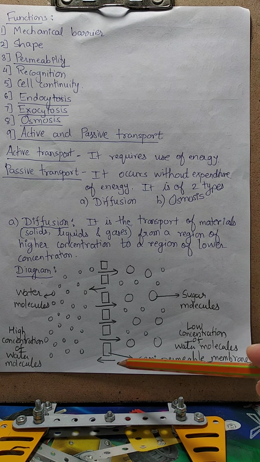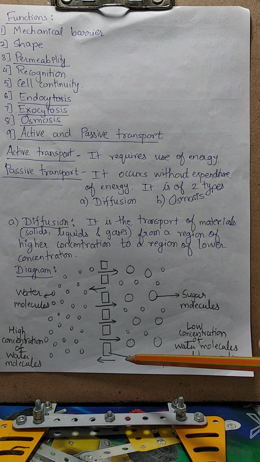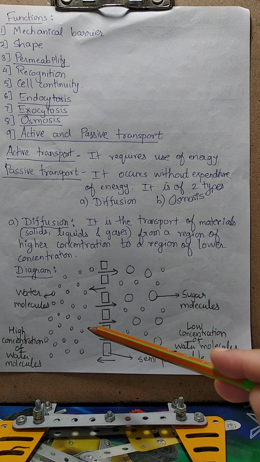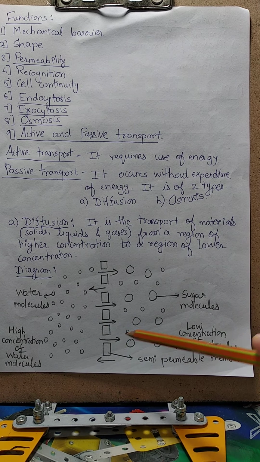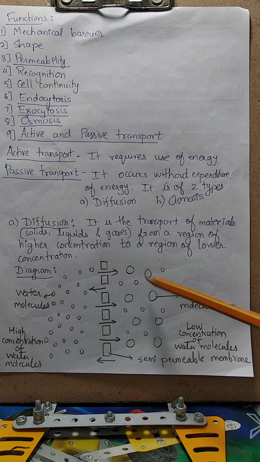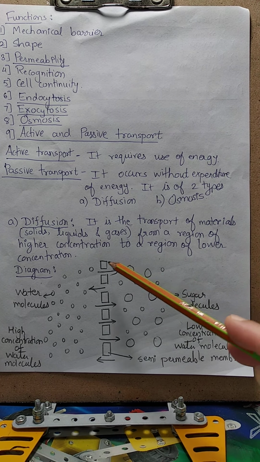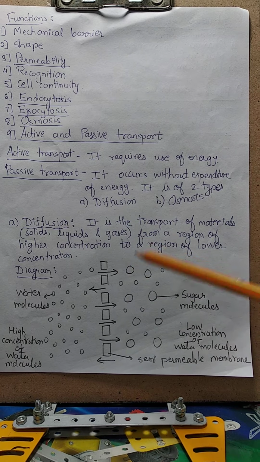Selectively permeable means it allows solvent molecules to move in and out of the cell, but it allows only few solid molecules to move in and out of the cell. So here two types of particles are available. These bigger particles are sugar molecules and these smaller particles are water particles, and this is a cell membrane, right?